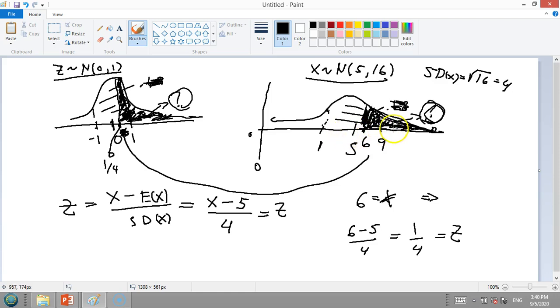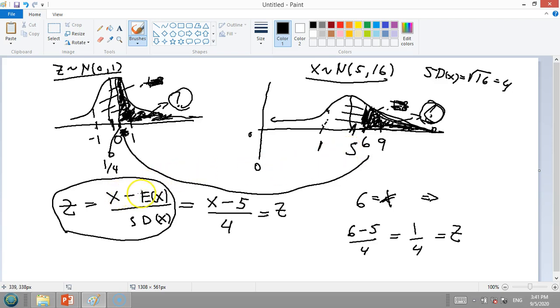But anyway, let's look at some intuition behind the formula. What am I doing exactly? Why is this the transformation formula? Well, watch. I want to move the 5, which is my center here, which corresponds to the center, and the 0 corresponds to the center here. I want to move the 5 to become a 0. So I need to subtract 5.